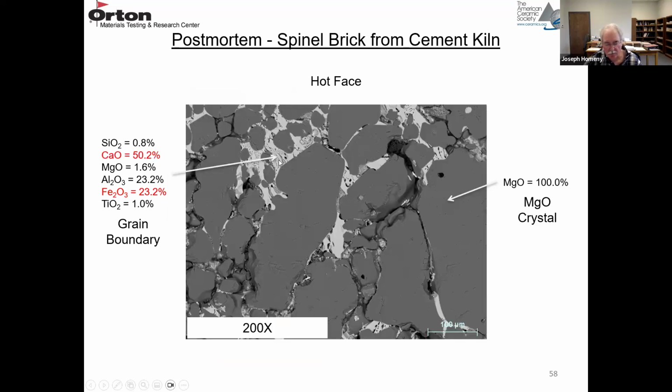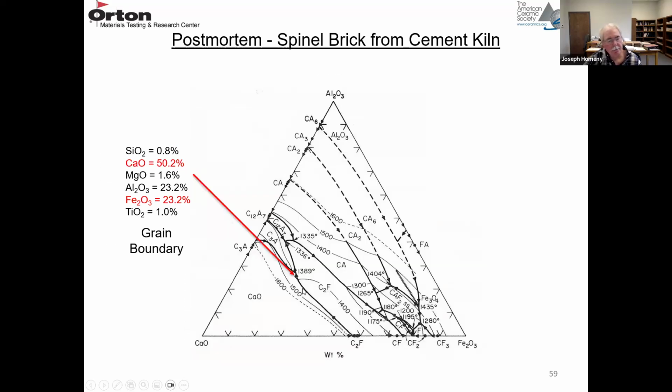That's where that grain boundary phase is. So this is CaO, this is C3A, and this is C2F. So in cement notation, C is CaO and F is Fe2O3 and A is alumina, Al2O3. So you're right in this eutectic area, 1389 degrees C.